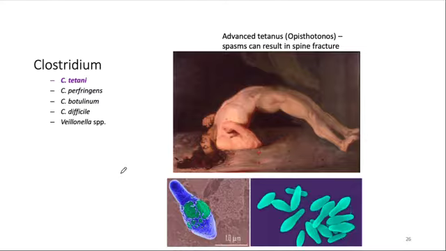Clostridium tetani causes tetanus. In this picture, you see an advanced form of tetanus, which results in spasms and could lead to spinal fracture and death. This condition is called opisthotonus.